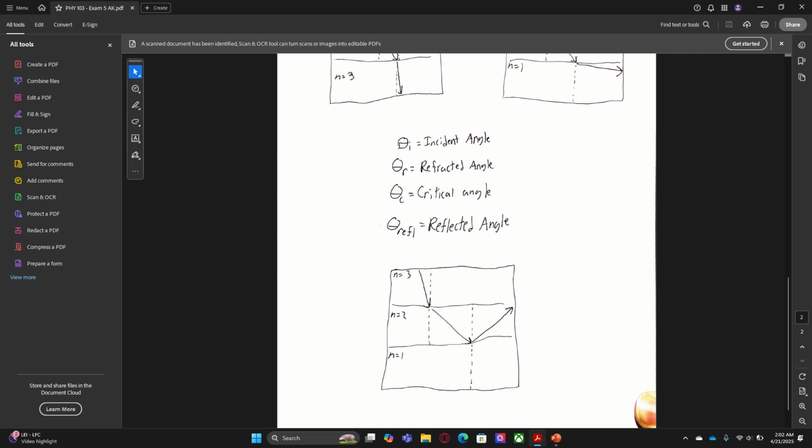And if theta I is greater than theta c, then it's impossible to refract. And at that point, we're just going to draw the ray as reflecting off of our boundary instead of refracting. And then we'll stop there.